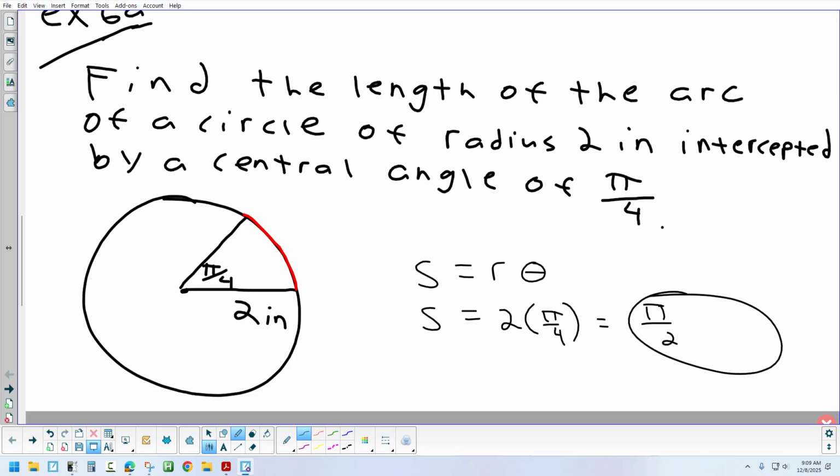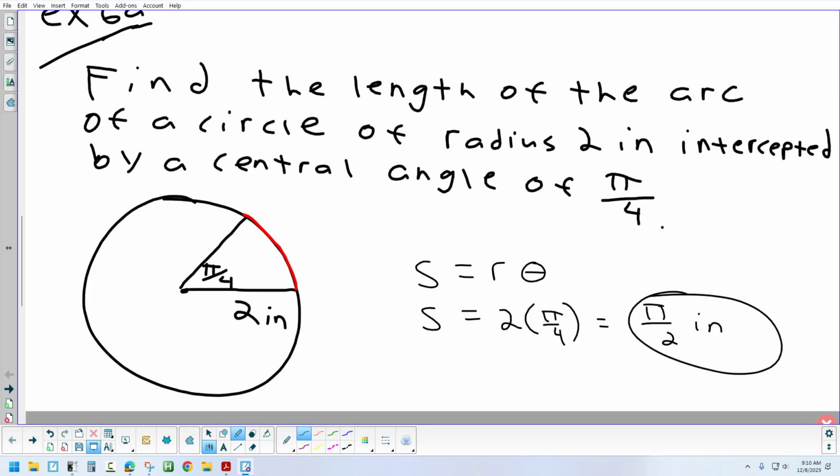The length of the arc. We were finding the length of an arc. So if you're not finding an angle, then no, we shouldn't use radians. We were finding how long something is. So what should we use for a label for length? Inches. Yep. So the length of that arc is pi over 2 inches, or about 1.57 if you divide it out.